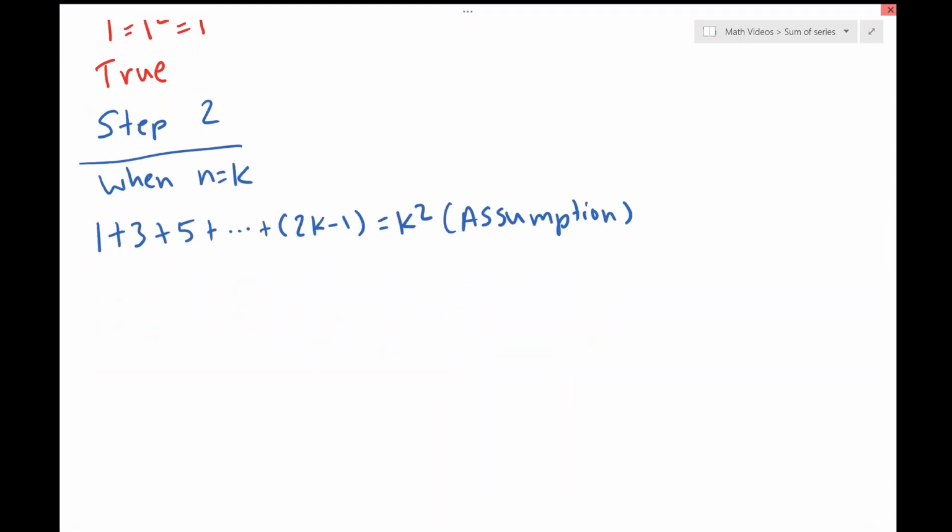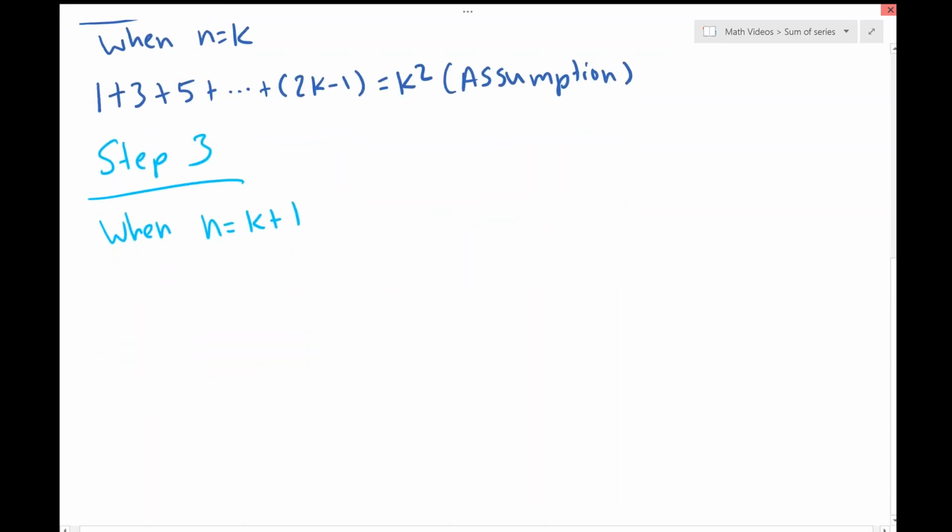So we have here, step 3, when n equals k plus 1, the series is 1 plus 3 plus 5 plus all the way till plus 2 times (k plus 1) minus 1 equals (k plus 1) squared. And we have to show that this is true using the step 2 fact.